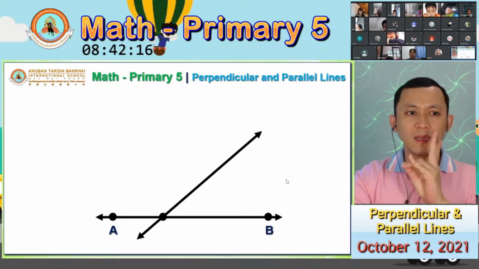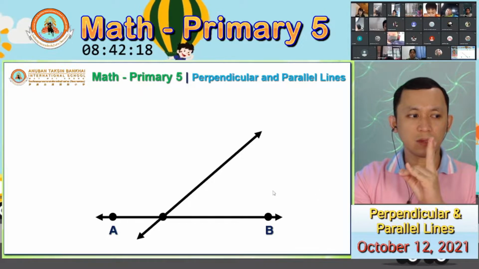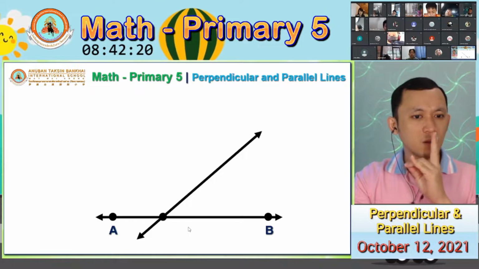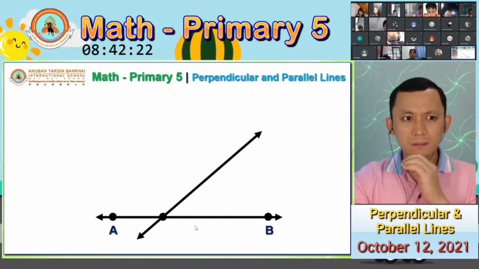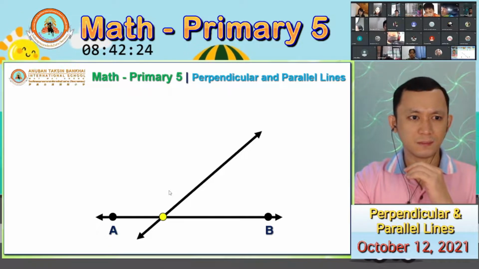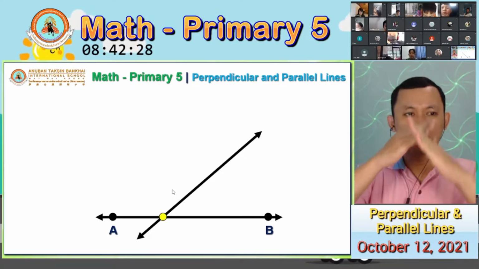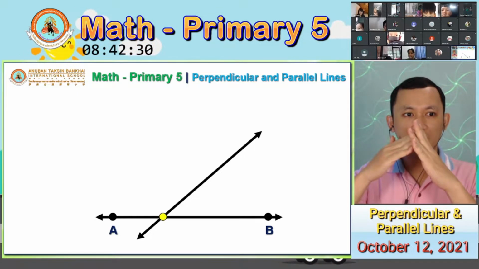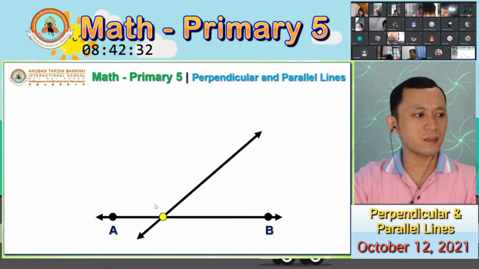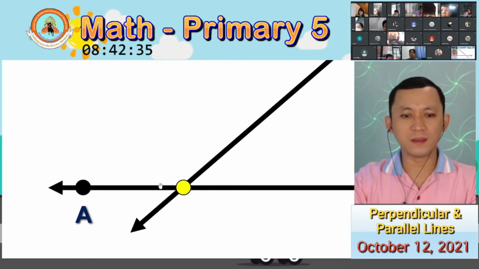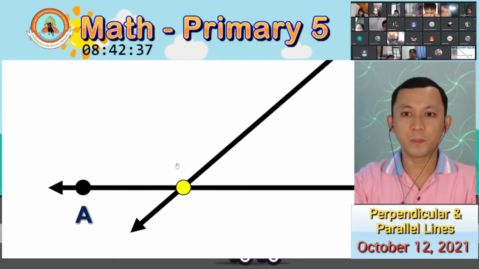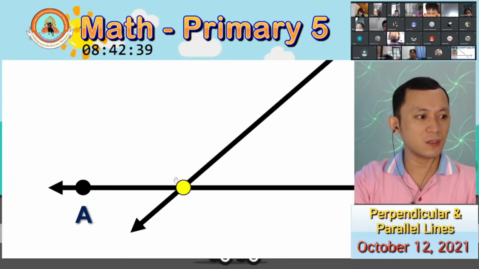Now look at the lines. What happened to the lines? The 2 lines intersect each other. Where did they intersect? Here. They intersect at this point.